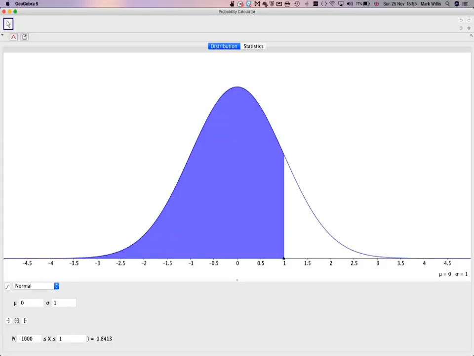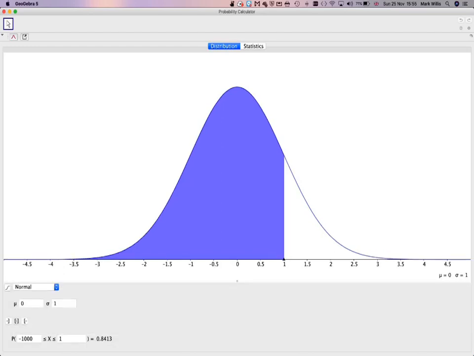Opens up in the normal distribution. Now, it might be that it's lower down like that to begin with. Okay, and then it's already set for the standard normal curve, because mu is 0 and the standard deviation is 1. So I want the probability of z being less than 1.2.